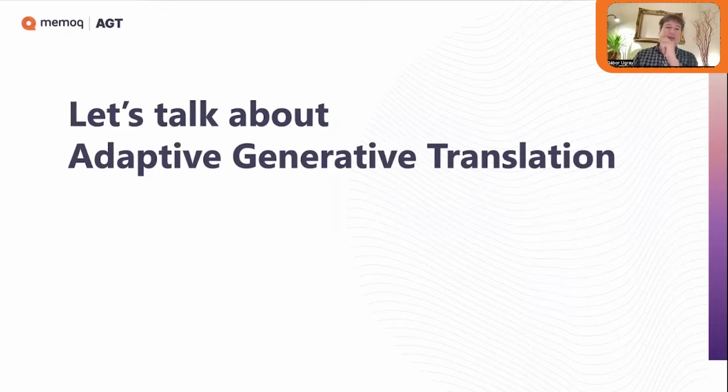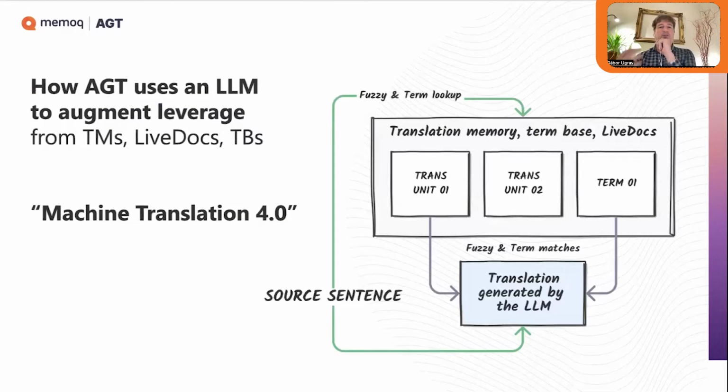So let's talk a little bit about what adaptive generative translation in memoQ does. And I go right back to the previous question. It uses a large language model. It uses a generative AI to generate translations based on information that is available in your TMS. So when you translate a particular source sentence, memoQ will do a very conventional lookup in its translation memories, its term bases, its LiveDocs corpora, and with the exact same lookup mechanisms that exist in memoQ, it retrieves translation results.